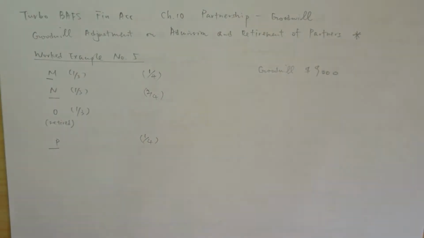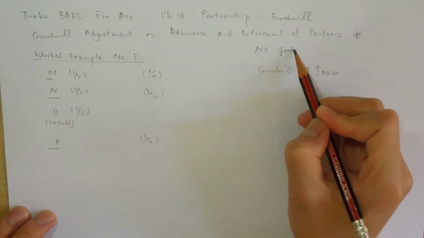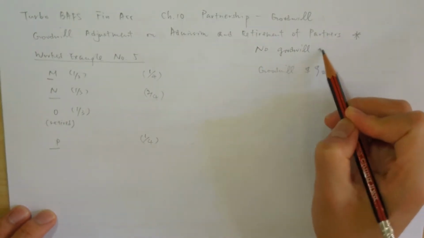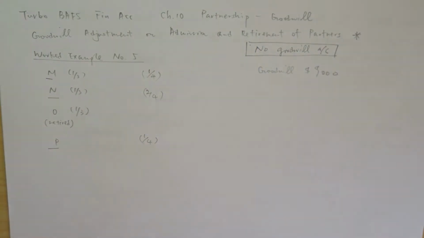What we would like to do is take a look at the capital account changes and also the journal entry. Of course, we will focus on the no goodwill account approach. Okay, we start now.